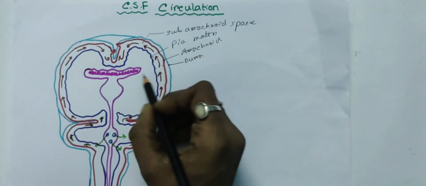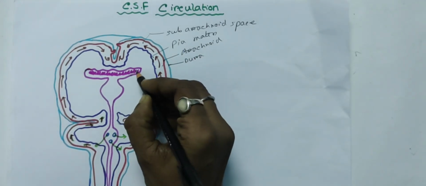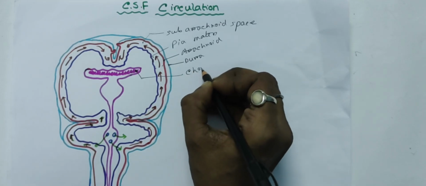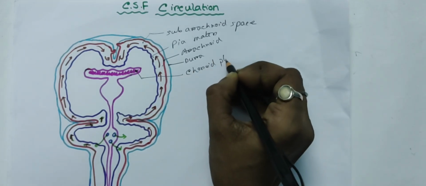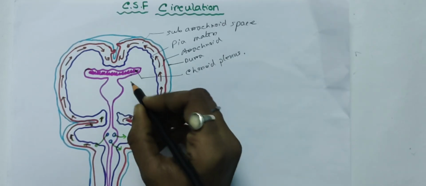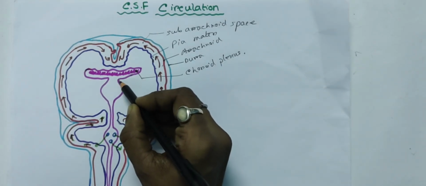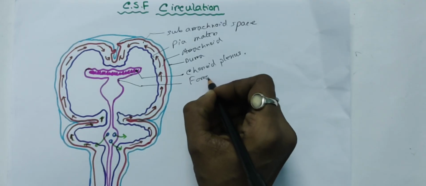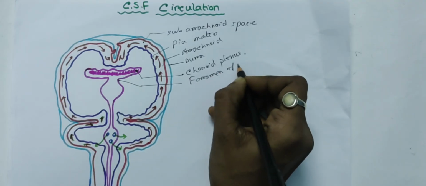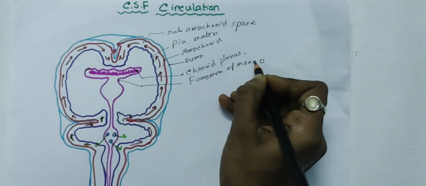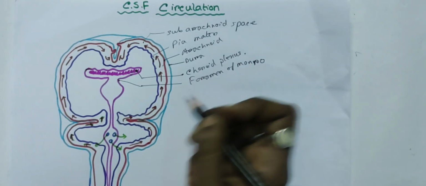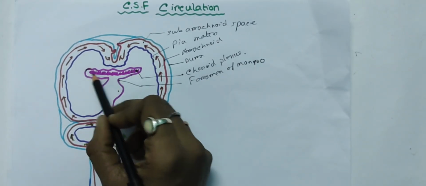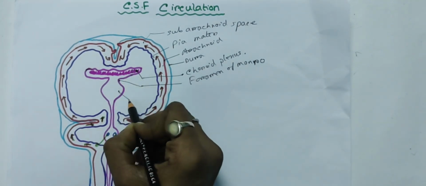So this is the choroid plexus. This is the foramen of Monro. This is the third ventricle. These are the lateral ventricles. Okay, this is the third ventricle.